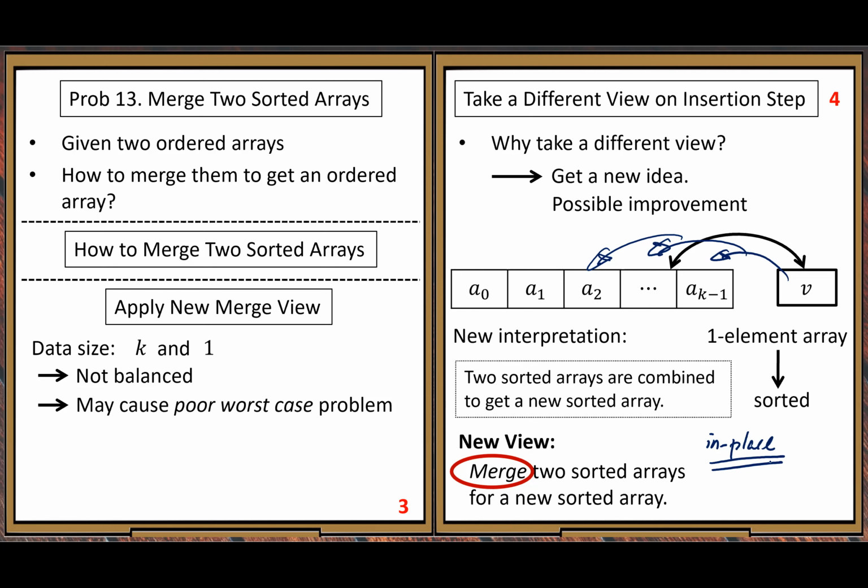That's something we want to avoid. So when we have a chance to distribute data, we want to distribute data evenly, as even as possible, in order to avoid poor worst case.